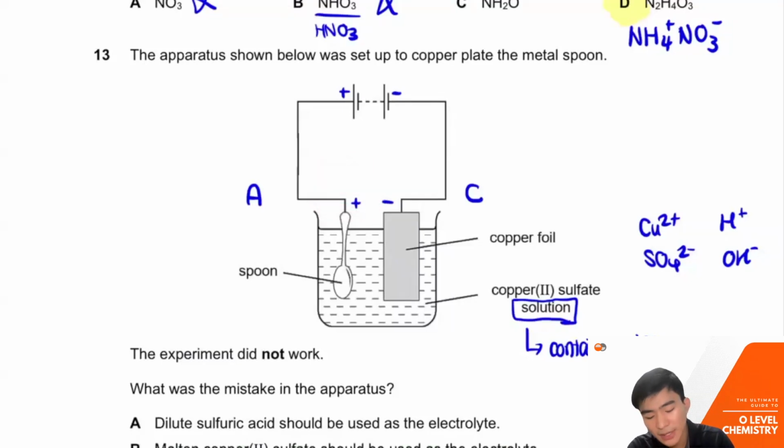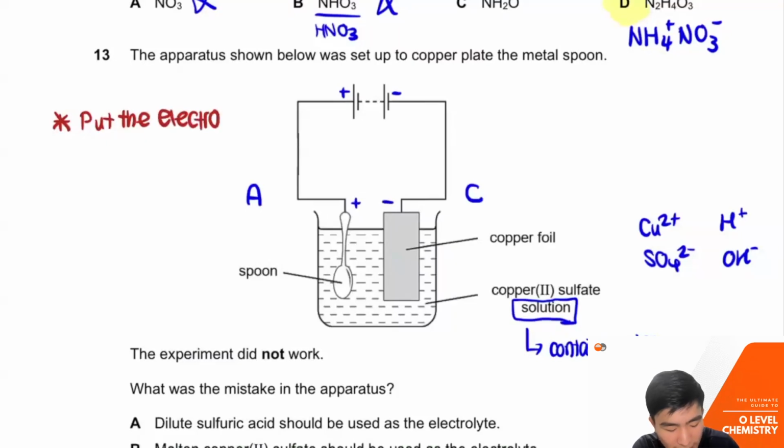So what is this trying to teach us? It is always correct for us to put the object to be electroplated at the cathode. Can I just clarify myself over here?